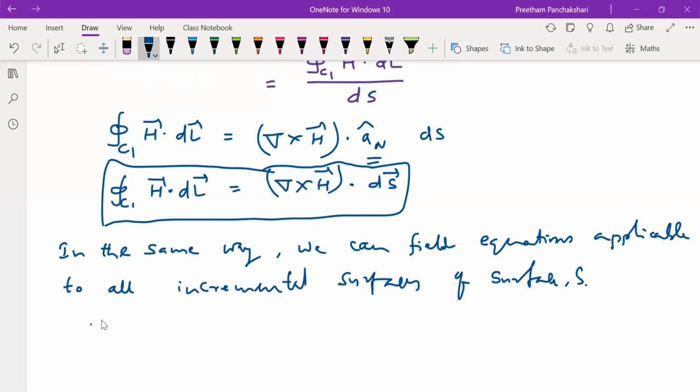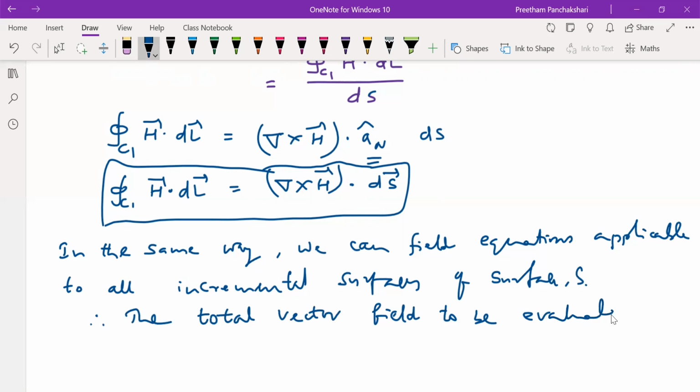Therefore, the total vector field to be evaluated over the boundary, the boundary is also a closed path, that is called C, is given by.